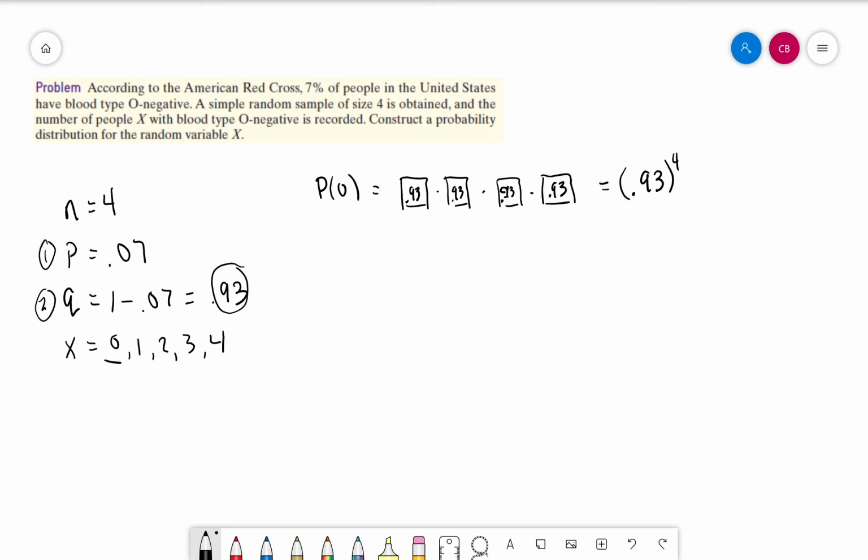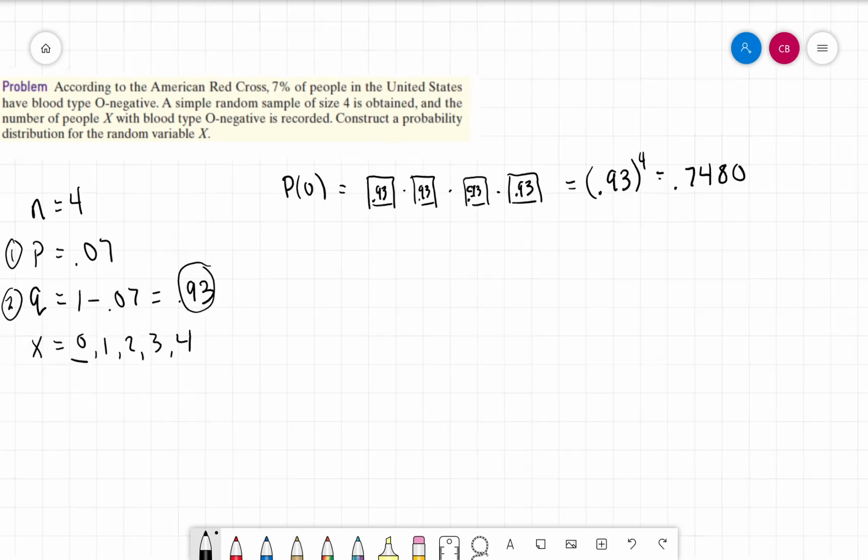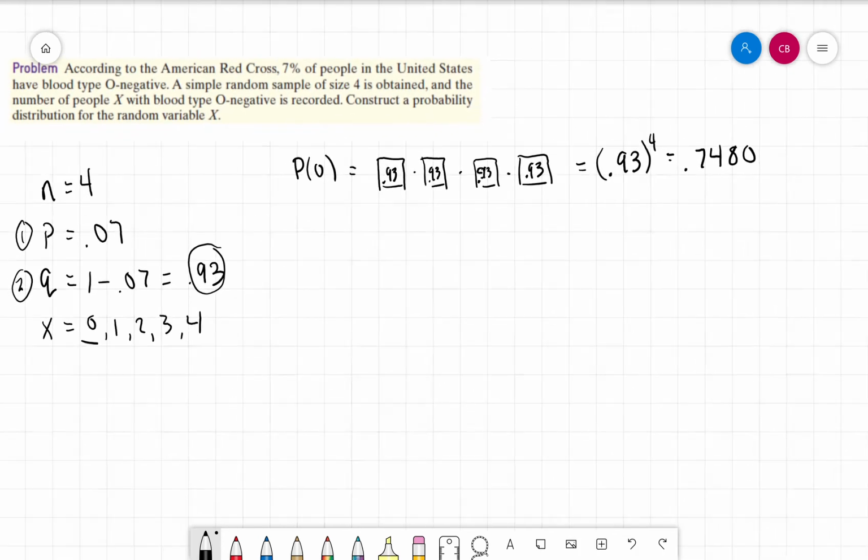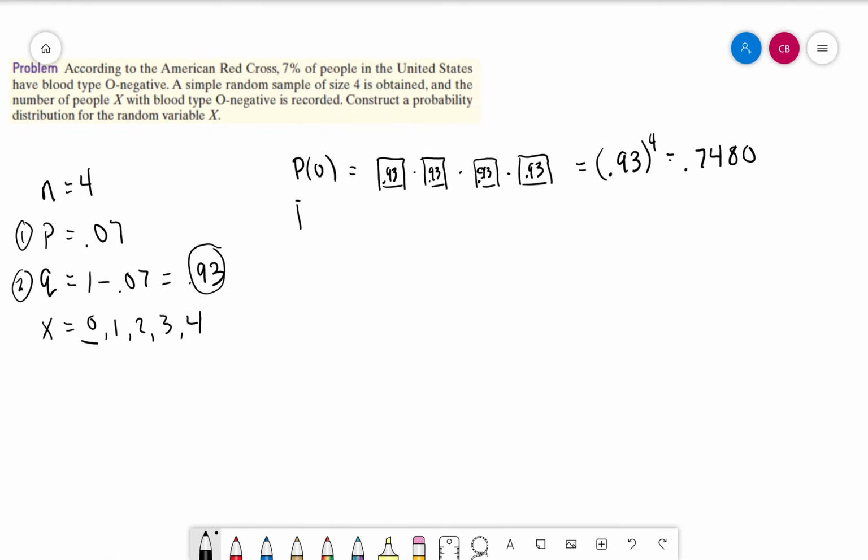This is equal to roughly 74.8%. So 74.8% of the samples, if you choose 4 at a time, will have no O negative blood types.